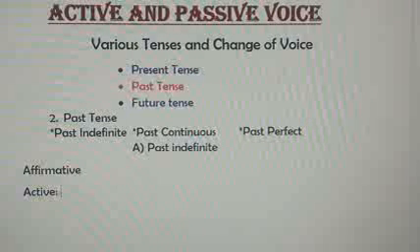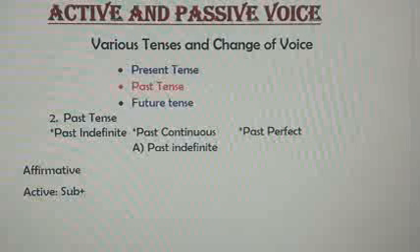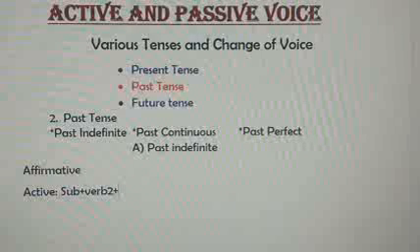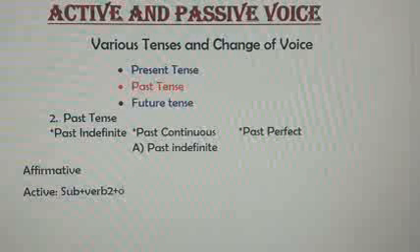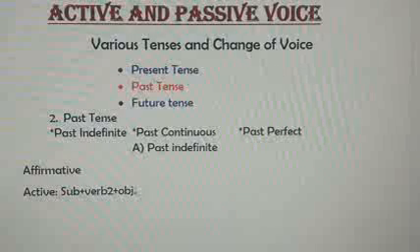Now, let's see the structure. First of all, I will place the subject. Then over here, we need to place the second form of verb, and then I will put the proper object. My dear friend, when I am talking about the past indefinite and affirmative, it is mandatory to use the second form of verb.